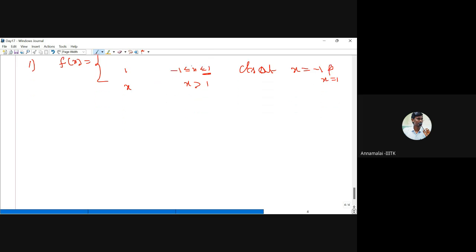Now I will ask one more question. Suppose f of x is defined to be e power 1 by x divided by 1 plus e power 1 by x for all non-zero values of x. For x equal to 0, we define f of x equal to 0.